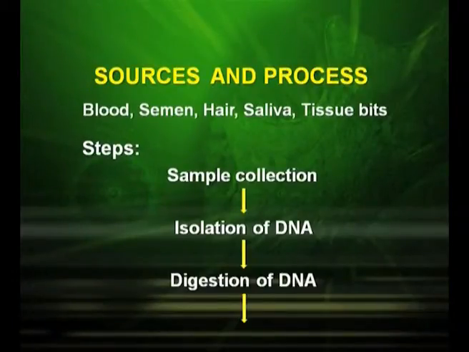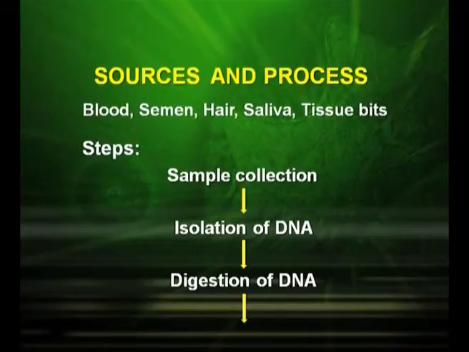Now, during the process of DNA fingerprinting, let us see the sources from where the DNA is taken. The sources are blood, semen, hair, saliva or tissue bits. Now, let us see the steps of DNA fingerprinting. The first step is sample collection from the site.